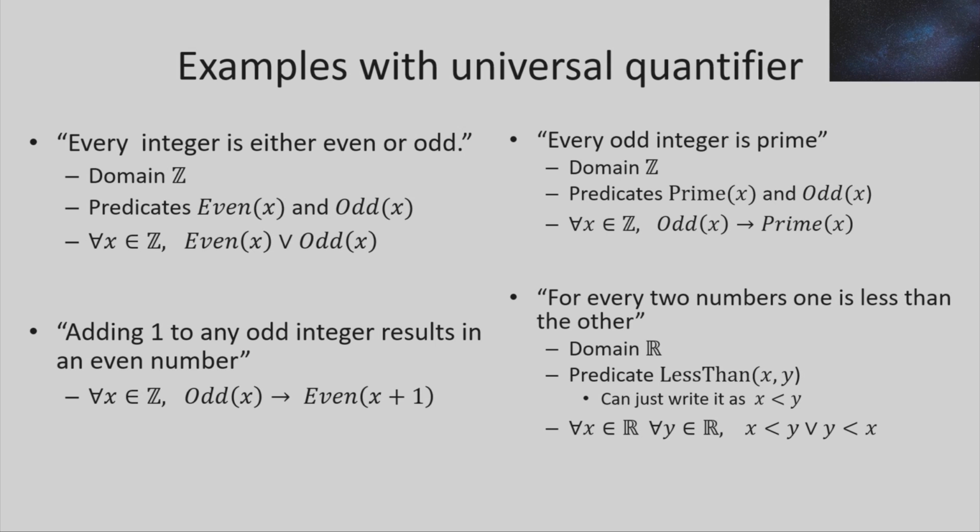And rather than writing less than of x y, we will just write x less than y the way you usually do. So for every x in real numbers, for every y in real numbers, either x is less than y or y is less than x. One is less than the other. Either the first is less than the second or the second is less than the first.